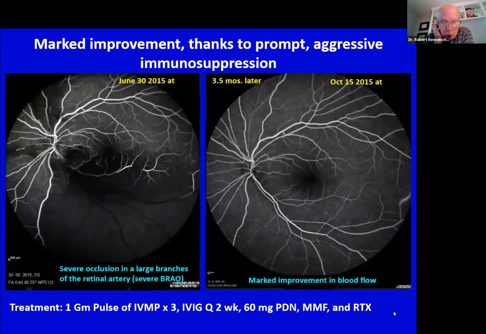She was promptly treated with 3 consecutive daily 1 gram pulses of IV methylprednisolone, 2 grams per kilogram of IVIG, followed by every 2-week IVIG. She was also placed on high-dose oral prednisone with slow tapering and was also quickly started on mycophenolate mofetil and rituximab. And 3.5 months later, you can see that a repeat FA study revealed marked improvement in blood flow.